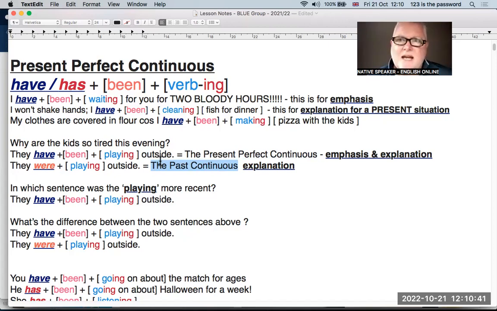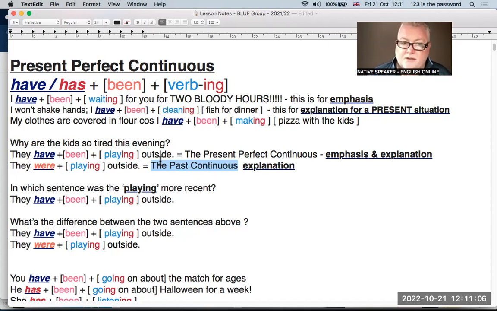So they're exactly the same? No, they're not exactly the same, but they're quite close. So what's the difference? The present perfect continuous action was more recent. So if mom comes home from work at 7 p.m. and the kids are all tired and lying on the couch, and she goes, wow, they're really tired this evening.